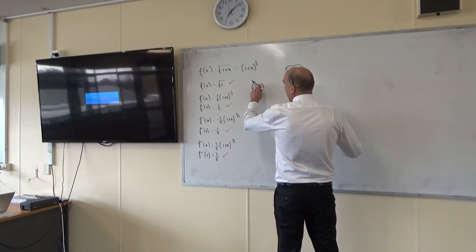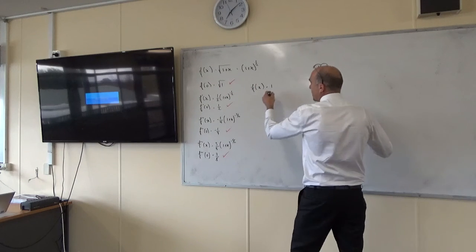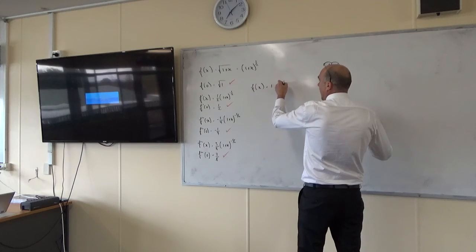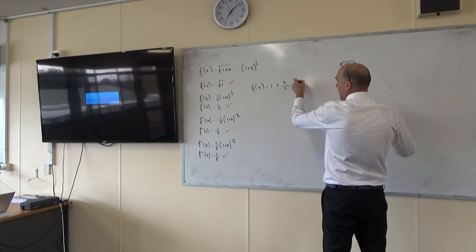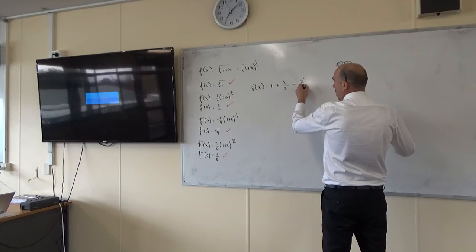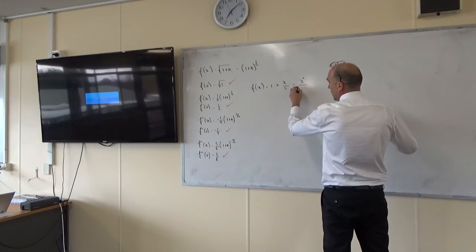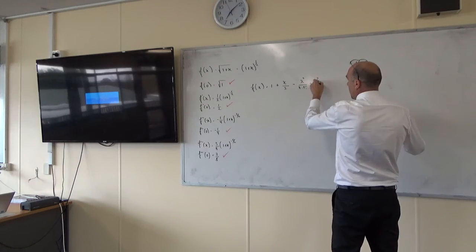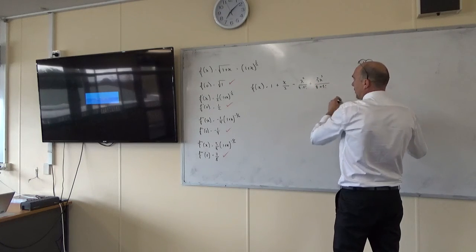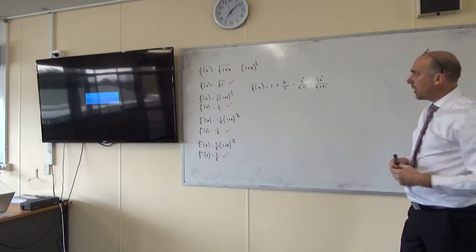So, I've really got f of x is equal to 1 plus x on 2 minus x squared on 4 times 2 factorial plus 3x cubed on 8 times 3 factorial, and they only ask for the first 4 non-zero terms to approximate this.